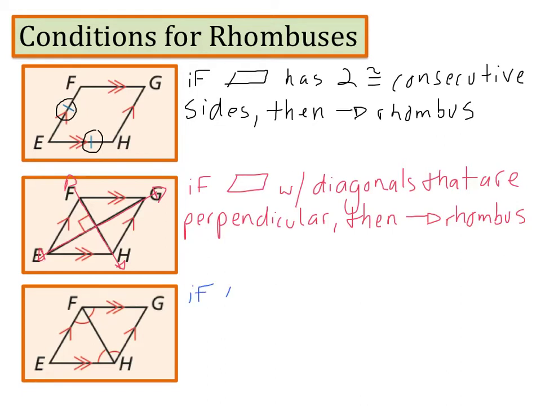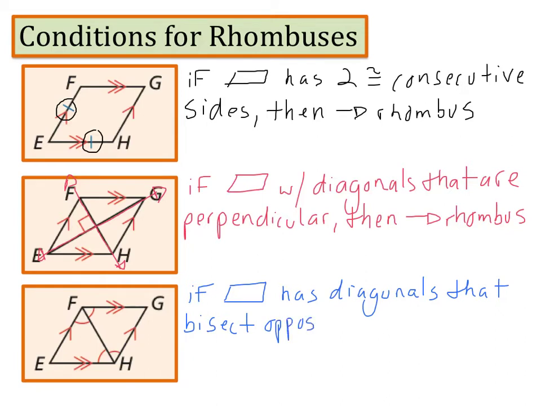So if we're given a parallelogram and it has diagonals that bisect opposite angles, then that means that parallelogram is a rhombus. So once again, the purpose of learning these conditions is to prove that a given parallelogram is a rhombus.